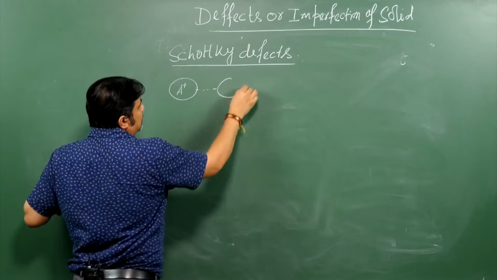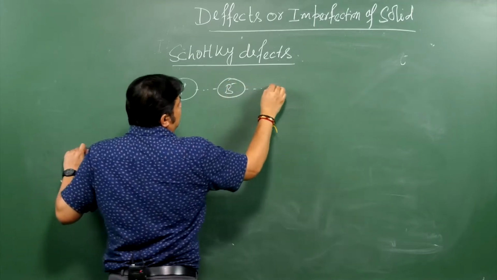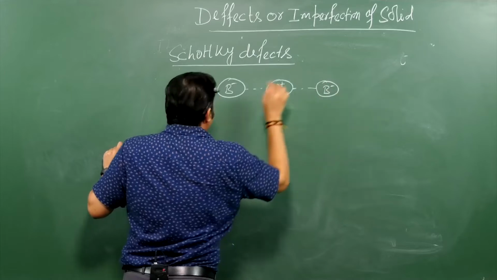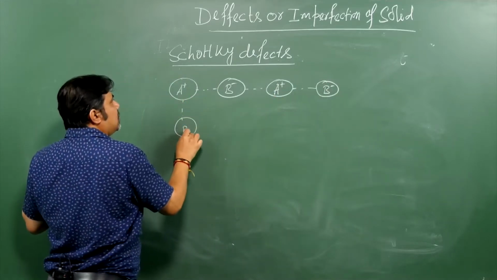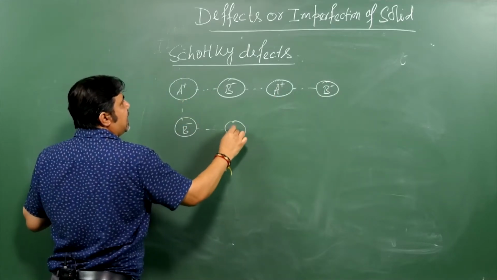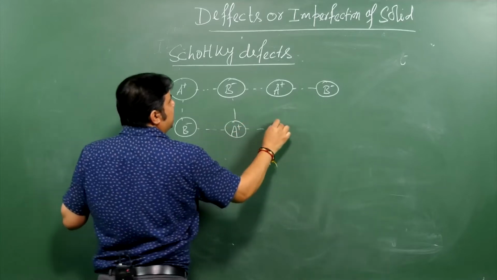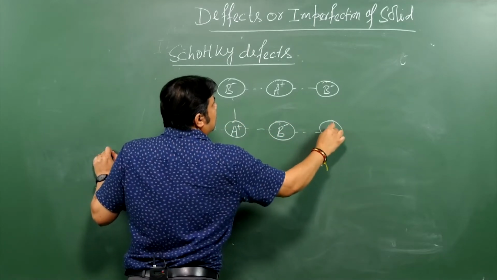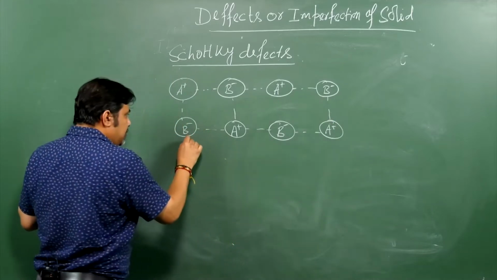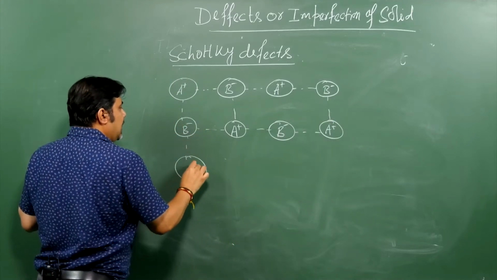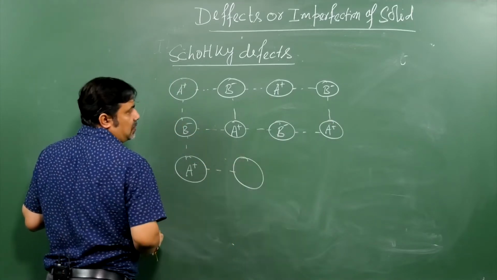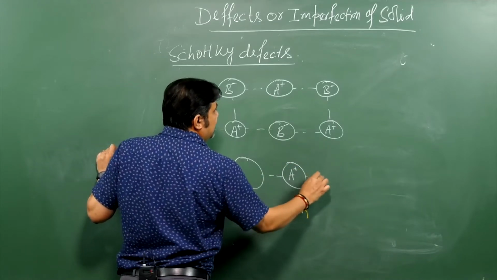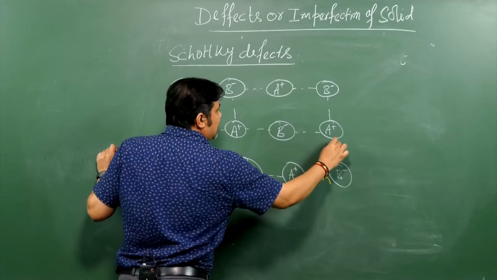Suppose this is a cation, this is an anion, this is a cation, and this is an anion. The next row is an anion, then a cation, then an anion, then a cation. This is a solid structure. Now this will be a cation and this an anion. Now this one is missing, and this is a cation, then an anion.